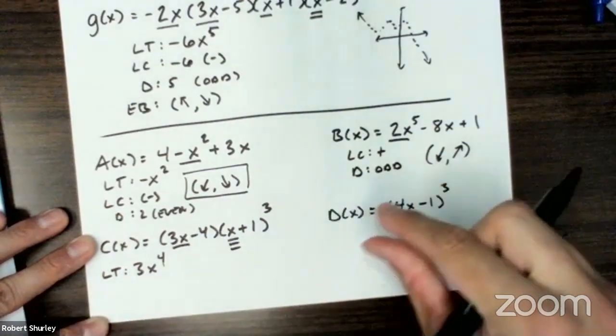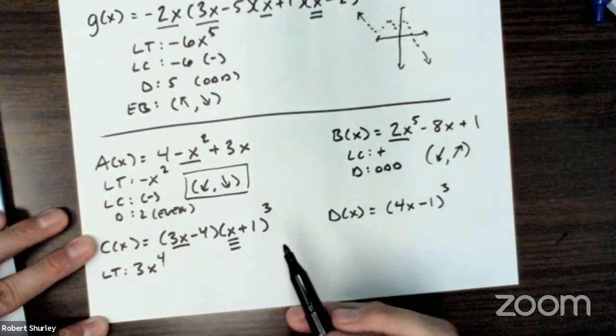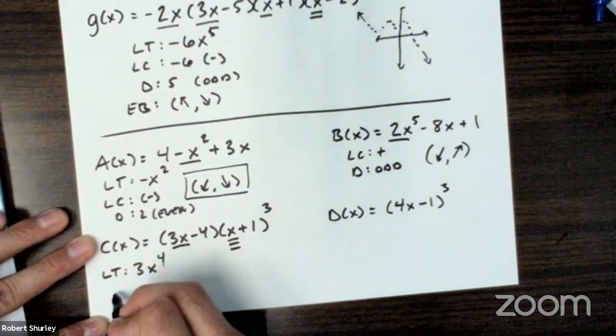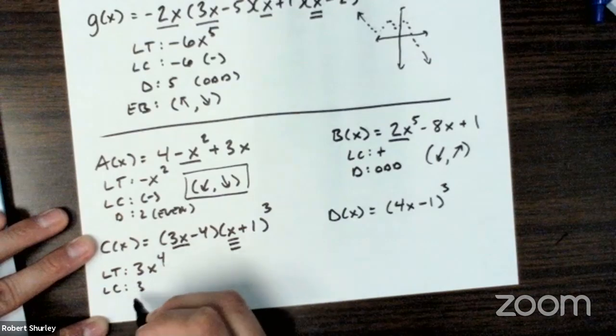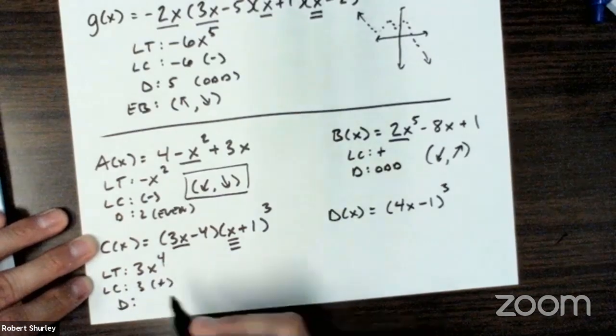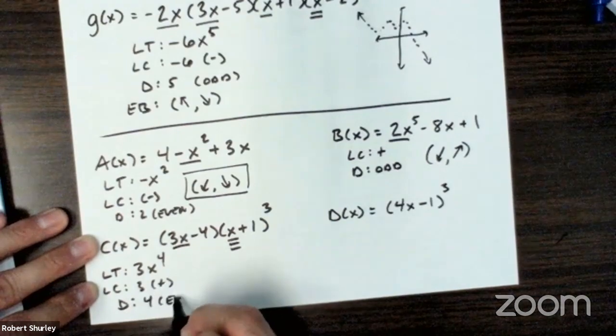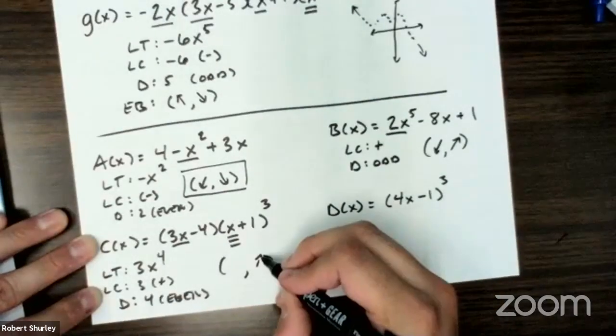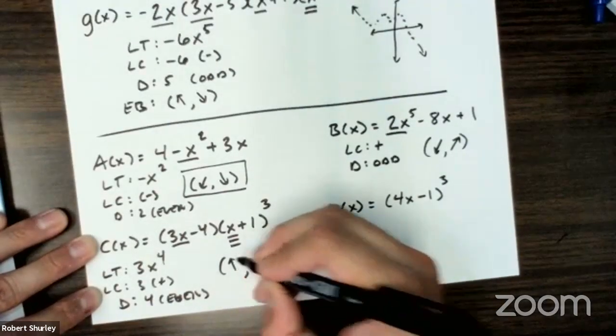I'm not writing out x plus 1 three times, but that's what's going on. So my leading coefficient's 3, so it's positive, and my degree is 4, so it's even. For this one, the leading coefficient is positive, so it goes up and to the right, but since it's even, it's also up and to the left. So this would be my end behavior.